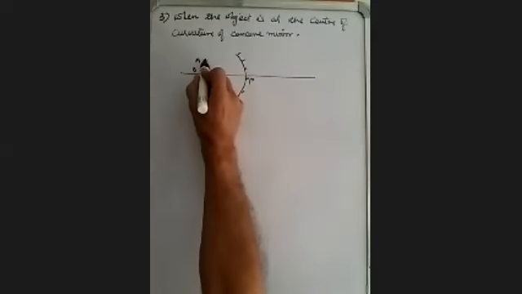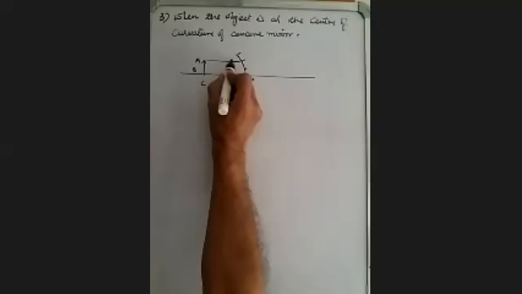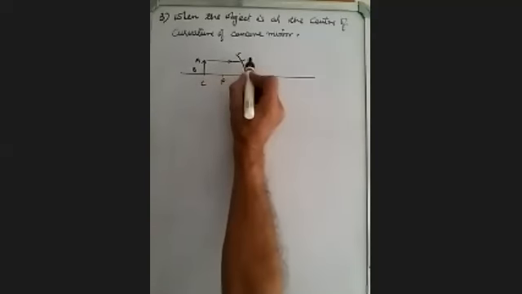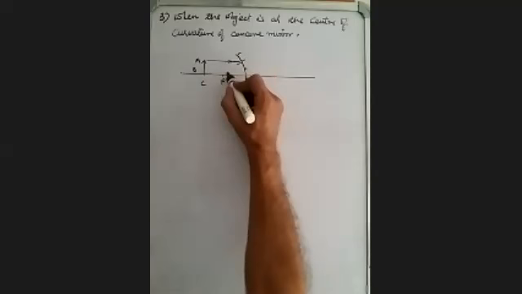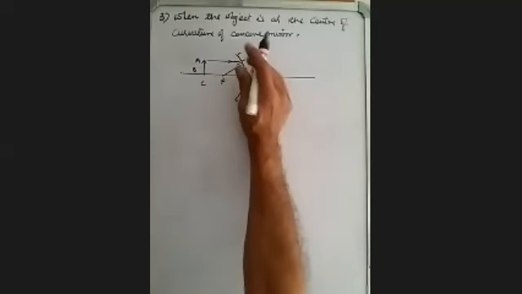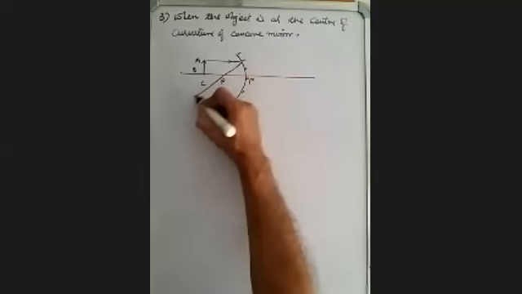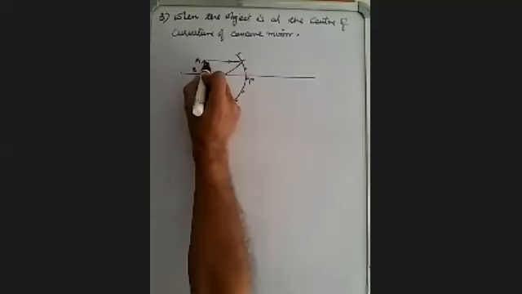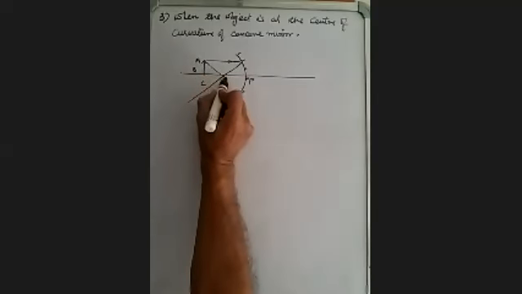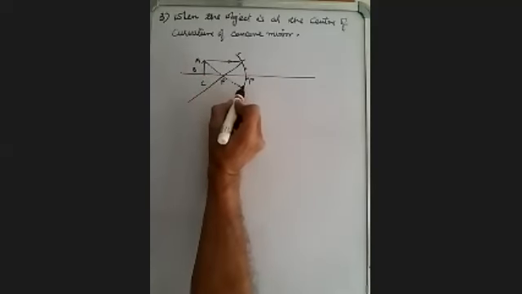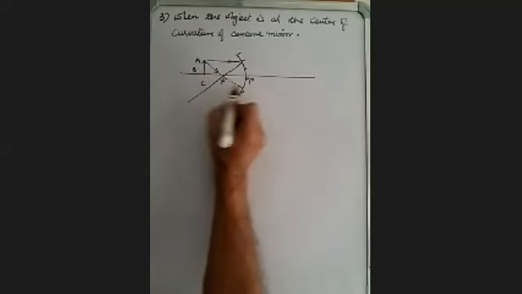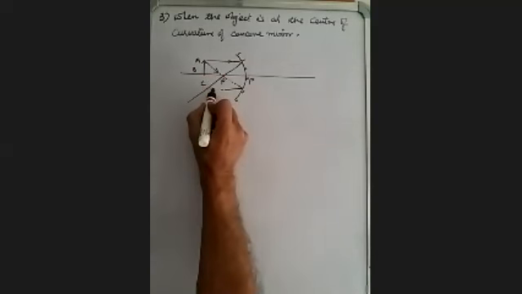Now, the first ray we consider is parallel to the principal axis. It will be reflected along the direction of the principal focus. Another ray, let us consider, passes through the principal focus as the incident ray, and is reflected in a direction parallel to the principal axis.